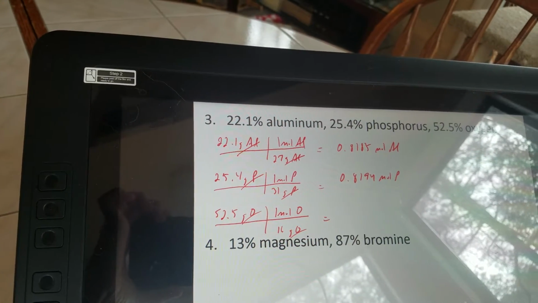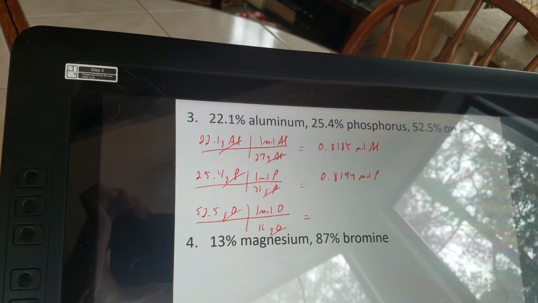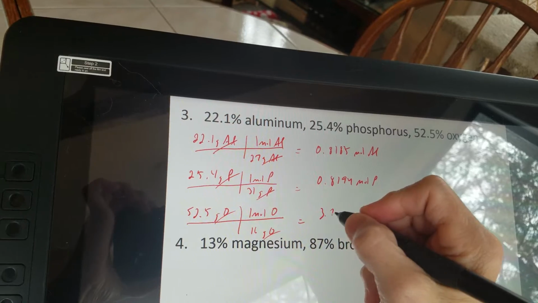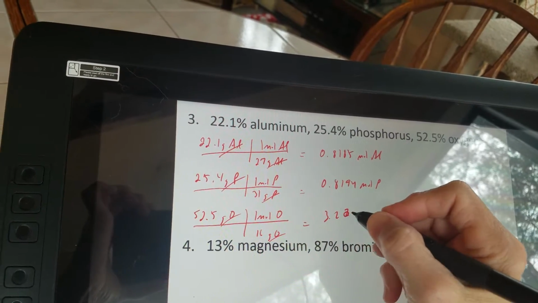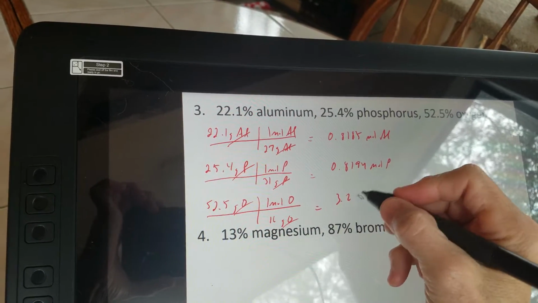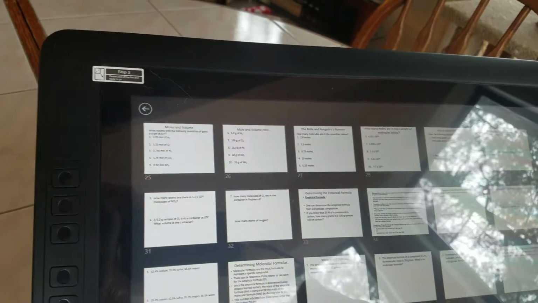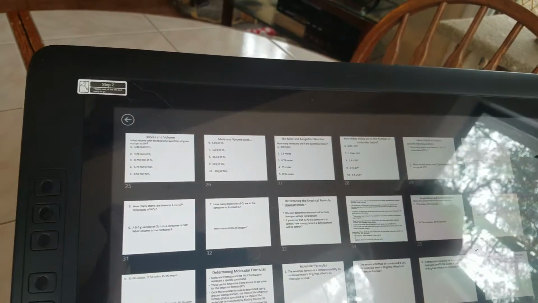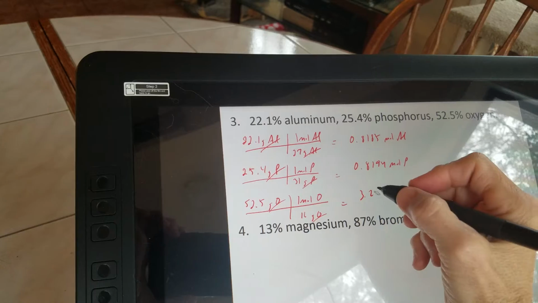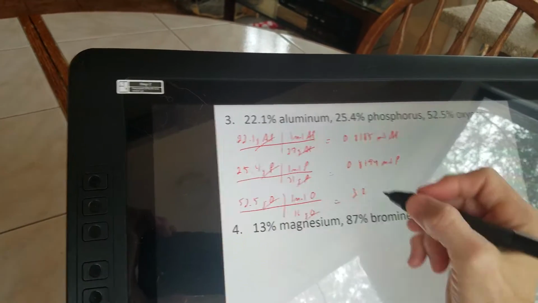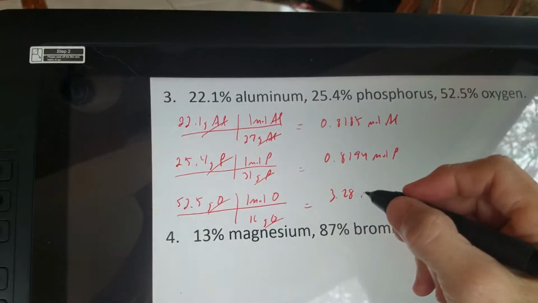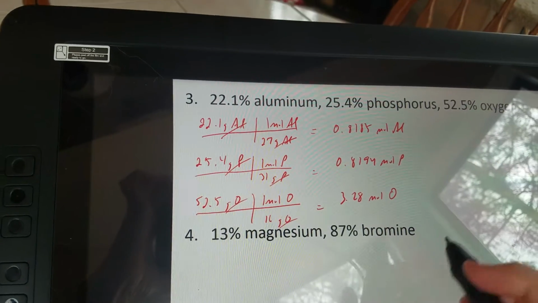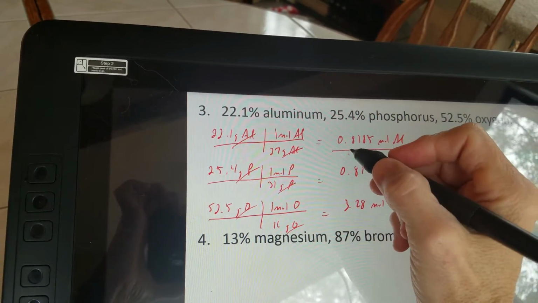And the 52.5 divided by the 16 is going to give me my 3.28 moles of oxygen. This is our smallest one, so we'll divide all of them by the 0.8185.